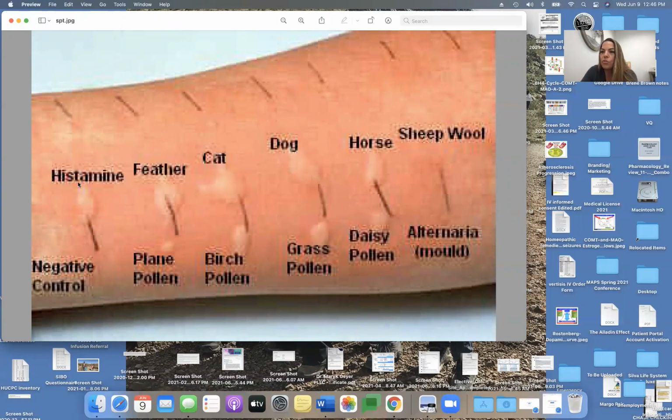And then they have controls. So they have a positive and a negative control. And their negative control right here is usually something like saline or sterile water, something along those lines. Histamine is the positive control, obviously, because that's what they're measuring, that histaminic response. And then these are the things that they're looking at on your skin. So that's histamine. That's not an IgE.